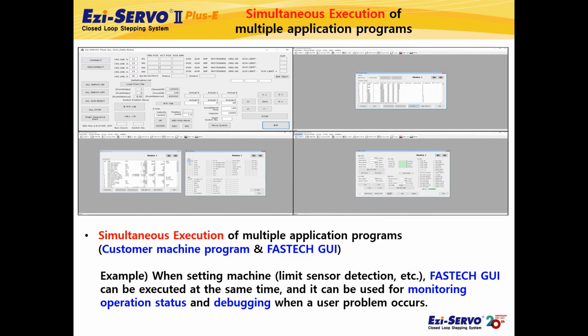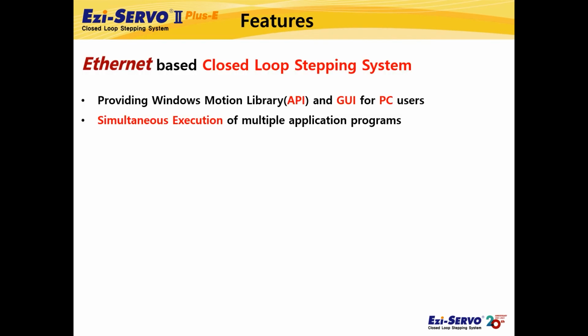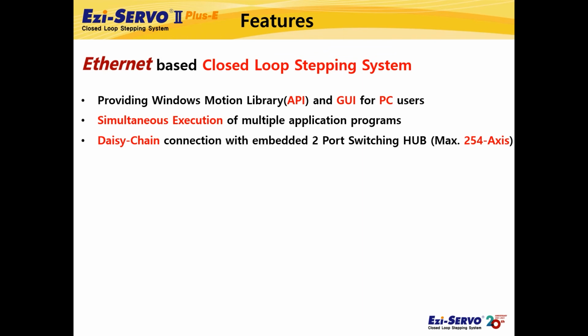For example, you can check whether the limit sensor works properly during machine setting by running our GUI at the same time. If a problem occurs in the customer's machine program, it can be monitored by our GUI program, so it can also be used for debugging. Also, the built-in 2-port switching hub allows up to 254 axes to be connected.